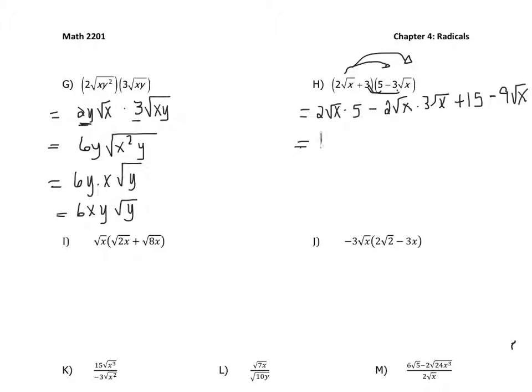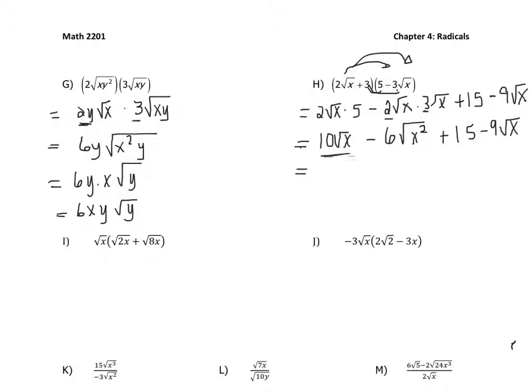So this is going to be 10 root x minus the 2 and the 3 will get multiplied to give you 6 root x squared, because you multiply the numbers out front by each other and the numbers under the radical signs by each other. The 15 can't do anything with that, and 9 minus 9 root x.